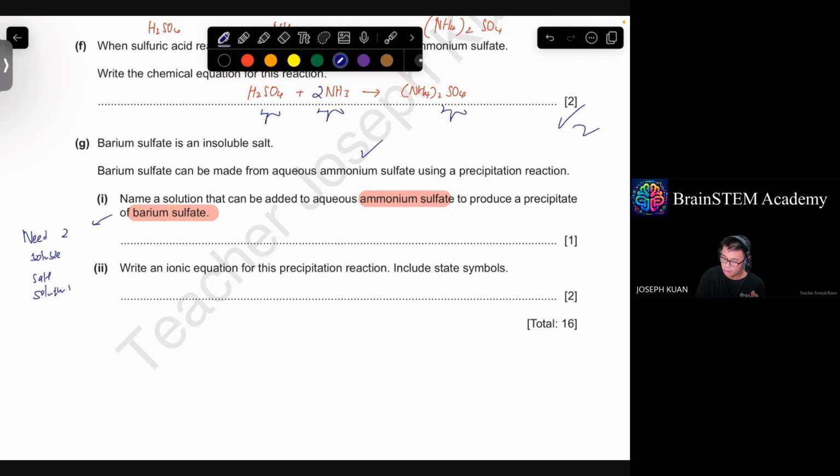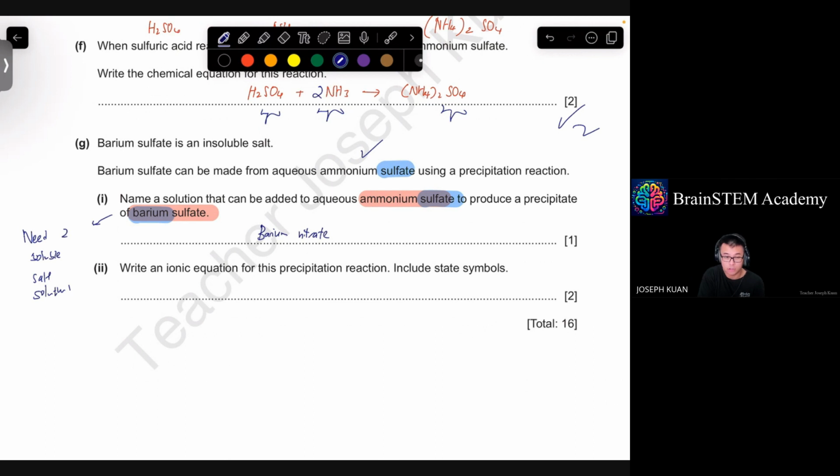So we need another aqueous solution that contains the ion barium. Because you see, the first solution given to you already contains sulfate. So first half of the recipe, we already have the materials. We just need the barium ion. So we need a soluble salt that contains barium. Example will be barium nitrate.